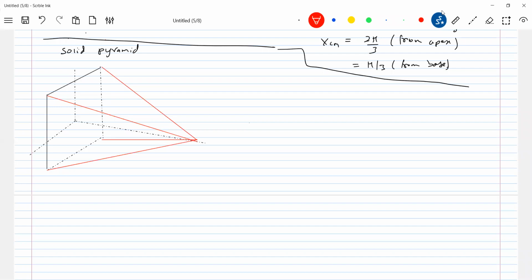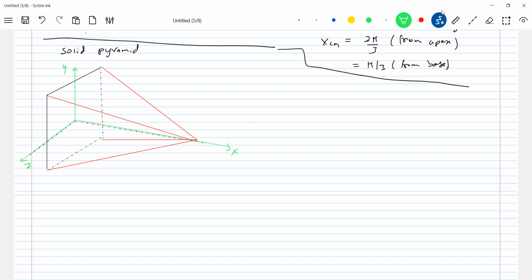You have to determine the center of mass of this one. X, Y, this z axis.